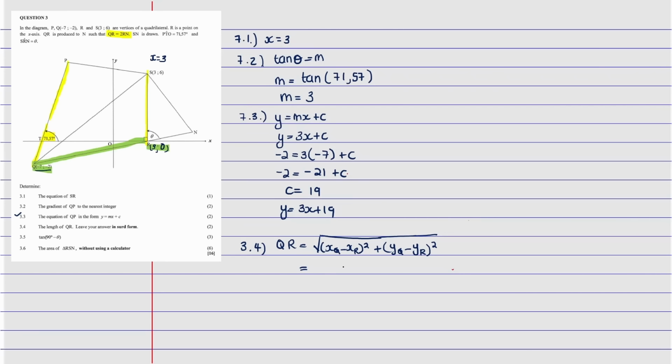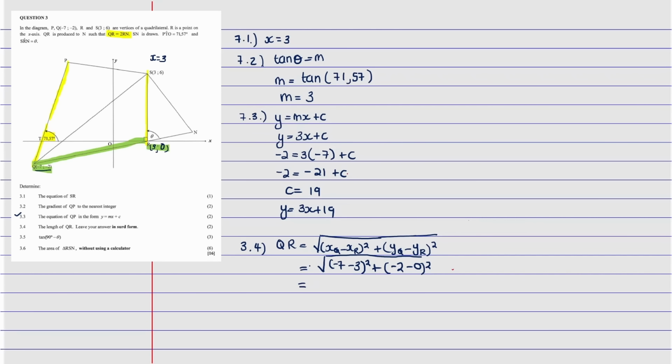Substitute that, you're going to have the following. XQ is negative 7, so it's going to be negative 7 minus 3 all squared. Then here's going to be negative 2 minus 0, then all squared, right?